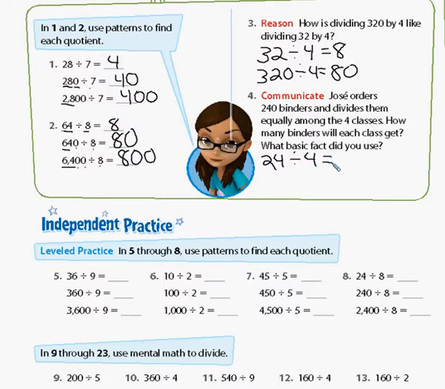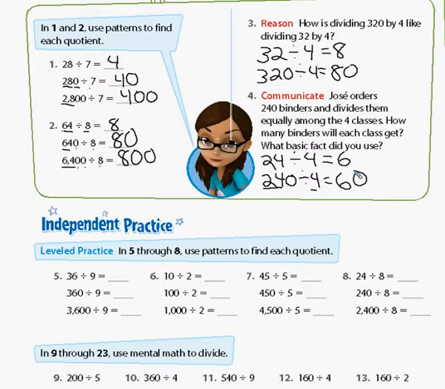We know that 4 times 6 is 24, so 24 divided by 4 would equal 6. I have 1 zero there to mark my place value, so 240 divided by 4 equals 60, so that means each class would get 60 binders.